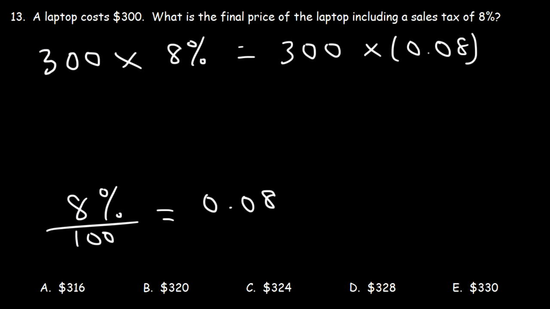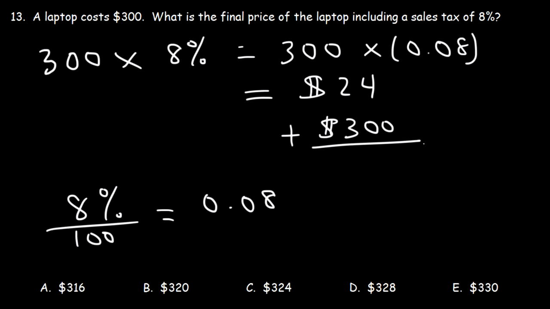So if you multiply 300 by 0.08, this will also give you 24. So that's how much money he pays in sales tax. And if you add the original $300 for the cost of the laptop, the final price comes out to $324. So C is the right answer.